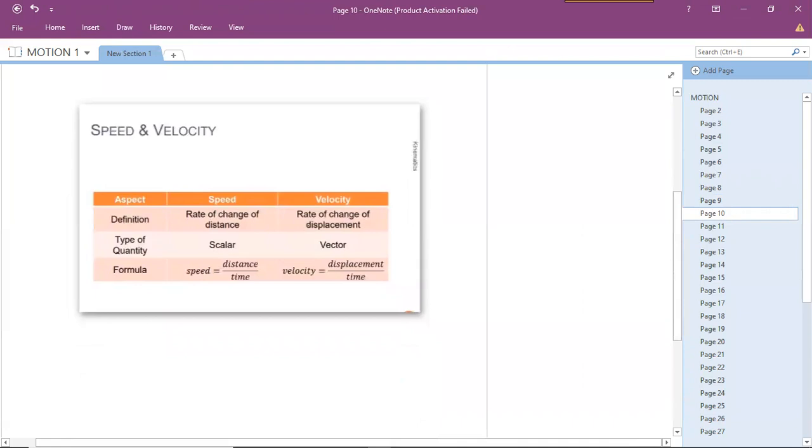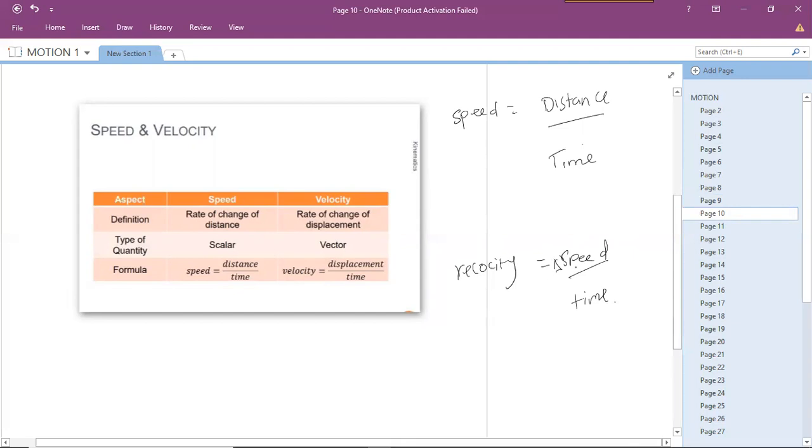So what about speed and velocity? Speed is distance over time, while velocity is the rate of change of speed with time.